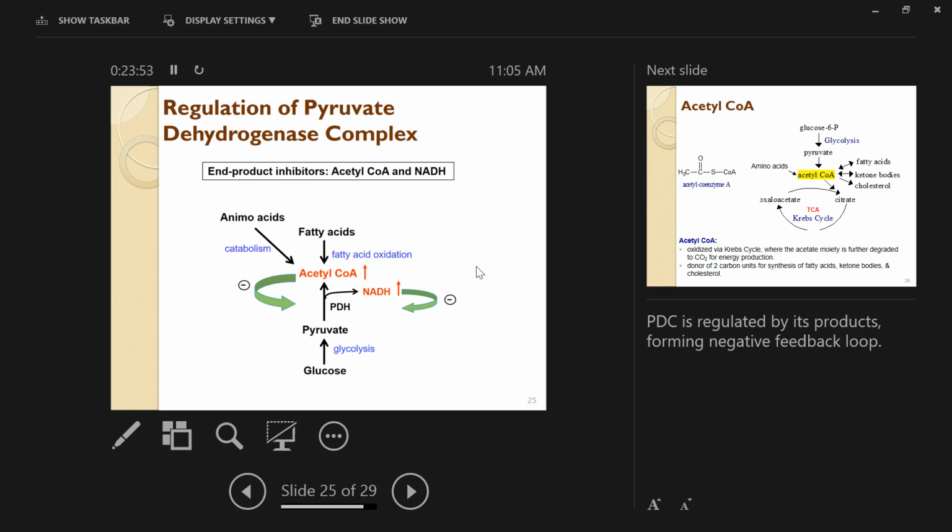These products serve as negative feedback signals. When you have high levels of acetyl-CoA or NADH, these 2 substrates go back to inhibit the pyruvate dehydrogenase. This is a regulatory mechanism to avoid producing too much energy, right?